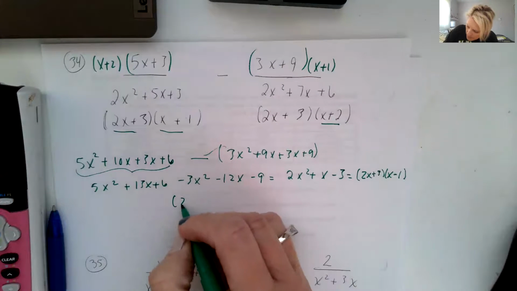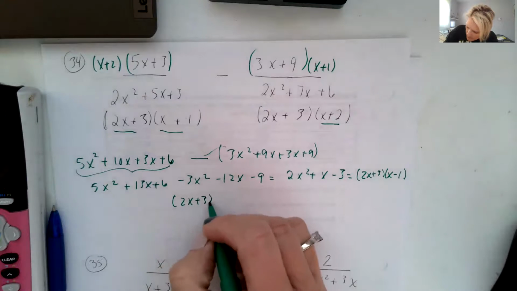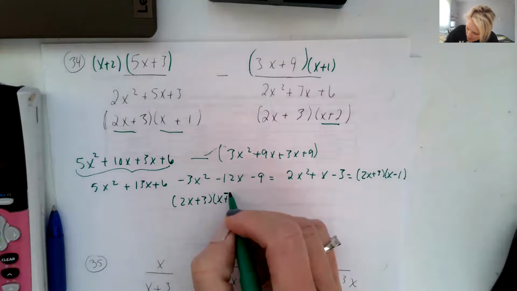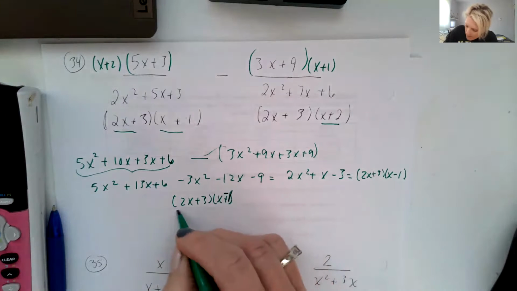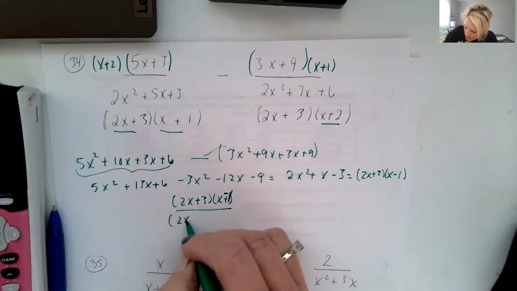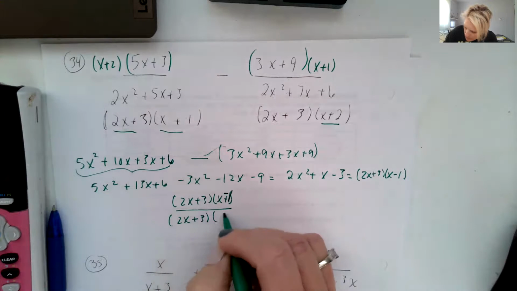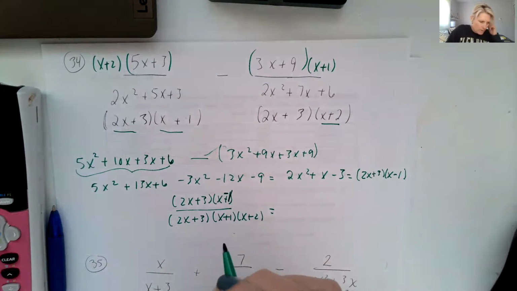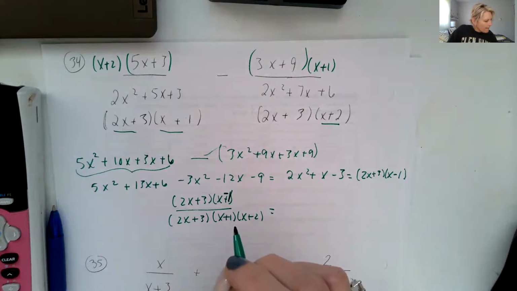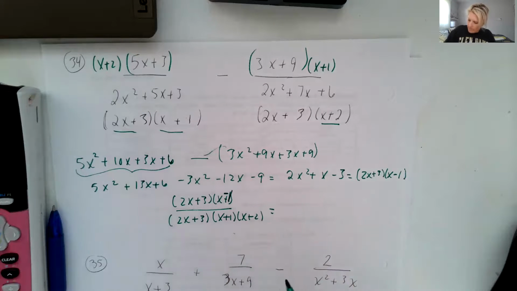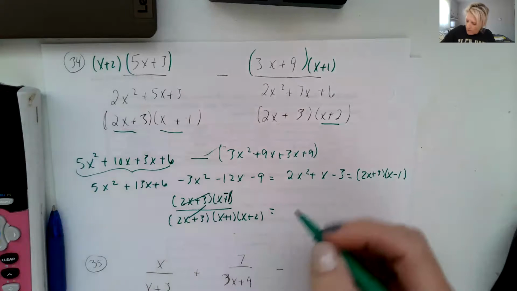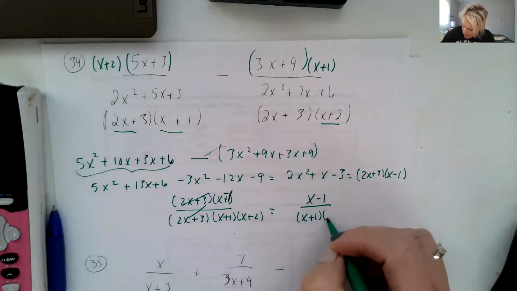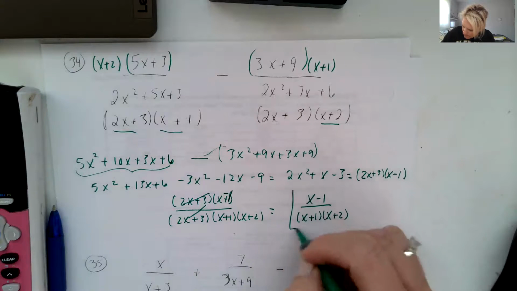So it should be 2x plus 3 times x minus 1 over 2x plus 3 times x plus 1 times x plus 2. So the 2x plus 3's cancel, and we end up with x minus 1 in the numerator times x plus 1 times x plus 2 in the denominator.